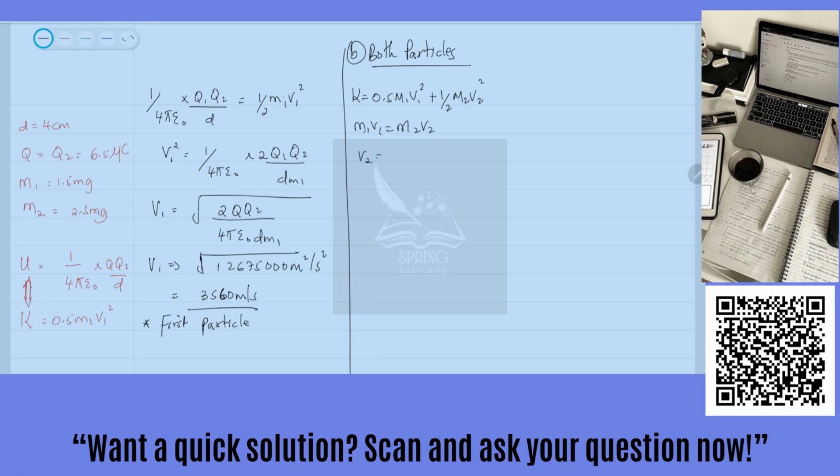Which means that your v2 should be equal to m1 v1 over m2. So if you substitute these values, K therefore will be equal to half of m1 v1 squared plus half of m2 times m1 v1 over m2 squared. This denotes v2. So that is what we're going to get for kinetic energy.